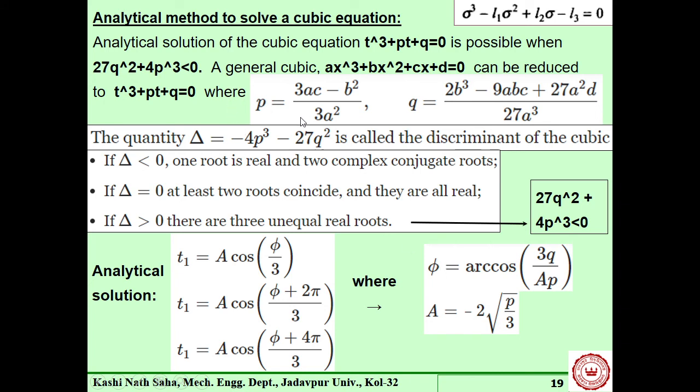So this P and Q is now named as A and B. These coefficients are named as P, Q and R. So in terms of that P, Q and R, this is now A, this is now B. And accordingly, from this A and B, this angle phi and this quantity A are calculated.